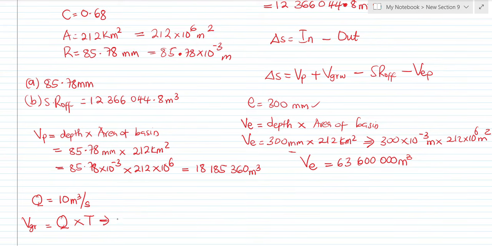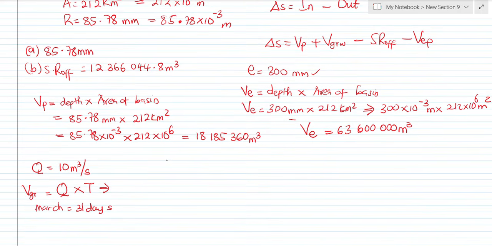Now we are in the month of March. 30 days are September, April, June, and November. So the rest are 31. So this has 31 days. So we need it in seconds.